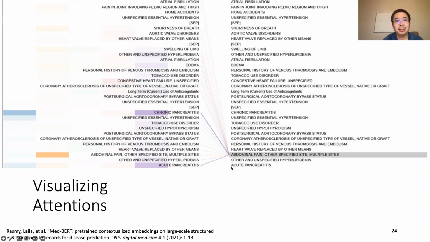In this example, abdominal pain, other specified site, multiple sites, sort of jargon, receives attention from chronic pancreatitis or acute pancreatitis, which makes sense in linking the relevant terms together.